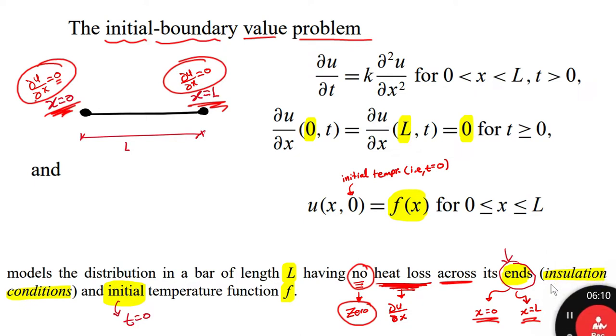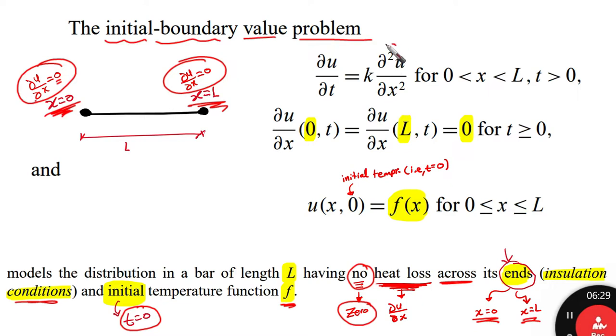We call this case insulation conditions. And the initial temperature function is going to be f. Initial here means t equal to 0. We can interpret this in a mathematical form using these equations.